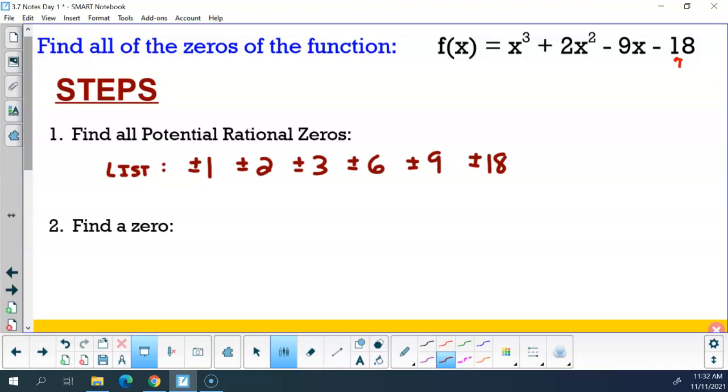We could plug in the numbers. We've already done this today. What? We're going to divide, right? We're going to synthetically divide zeros in. Right? So let's start with 1.